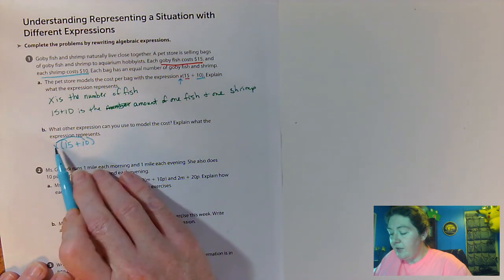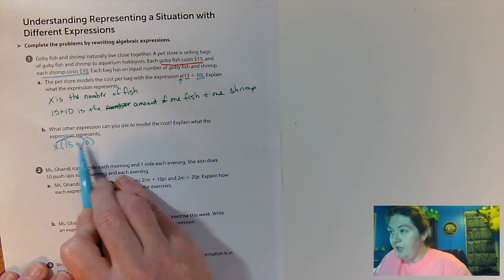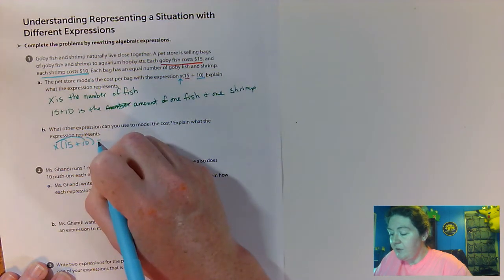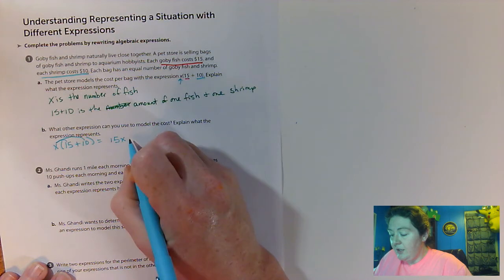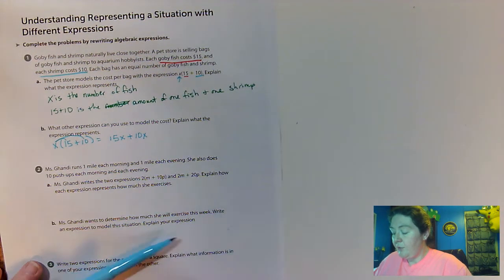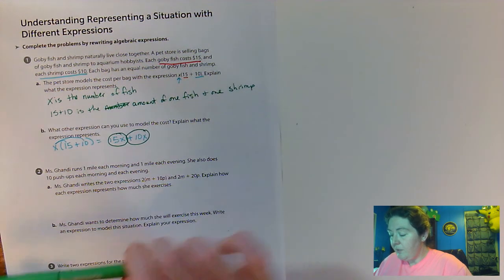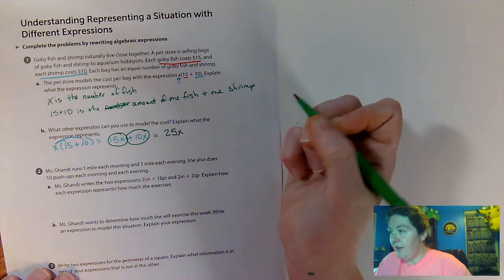Whatever happens outside the family happens to everybody in the family. If brother gets a steak dinner, sister wants a steak dinner too. So if we multiply X times 15, we get 15X, and we get 10X. And if we look, we've got X family and X family. We keep families together, so we have 25X.